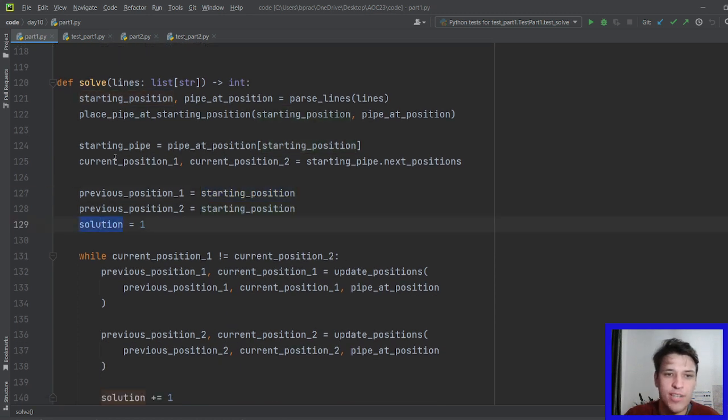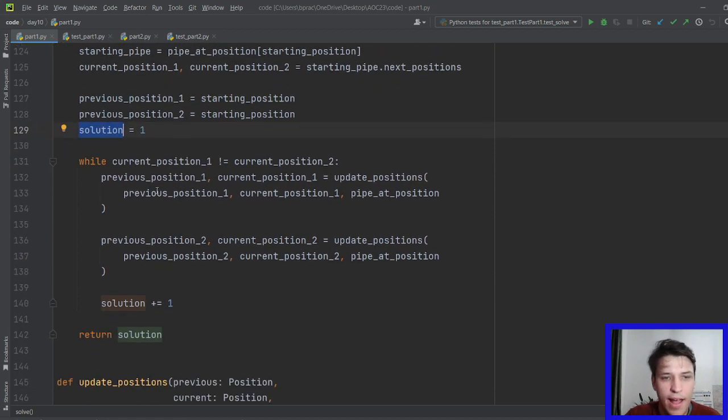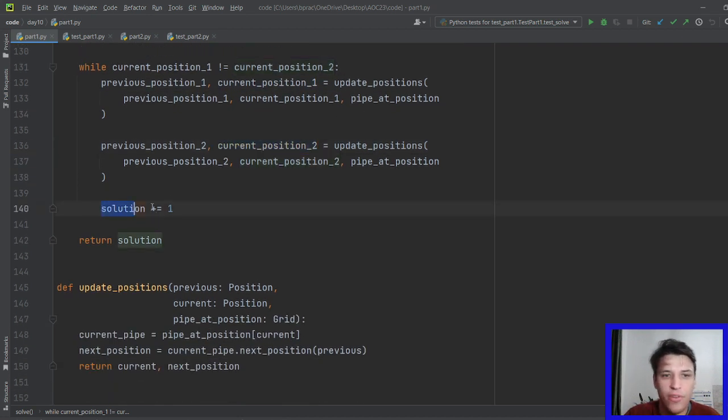And because we already start one step away from the starting pipe, our solution will start at 1. And then we go around as long as the two current positions are not equal. In each step, we just update the position for both current position 1 and current position 2. And for each step, we also increment the solution, and then that will give us the solution in the end.